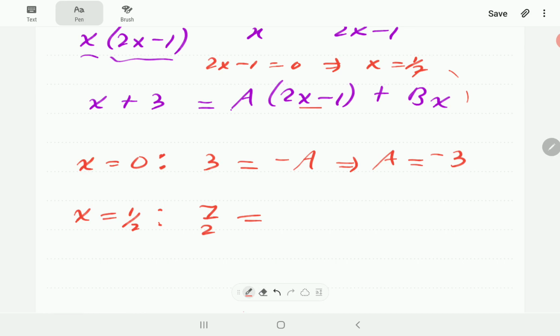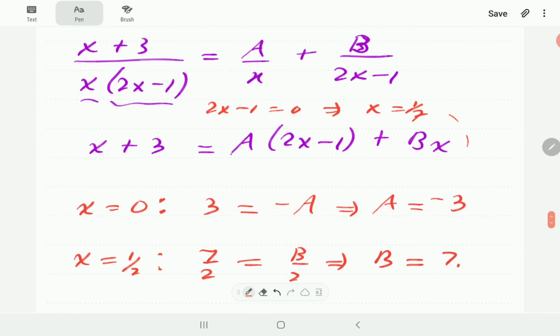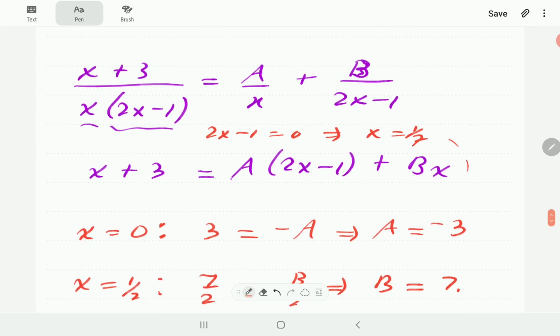This term is going to disappear. This one is going to be B times 1/2. So from there we see that B is going to be 7. So that means this is going to be 7 here. This is going to be negative 3.